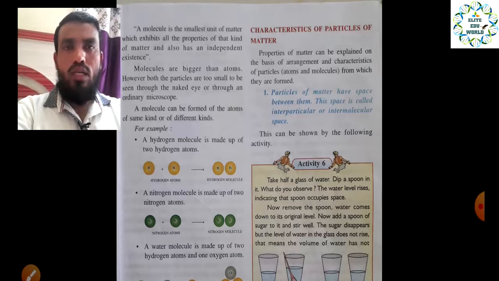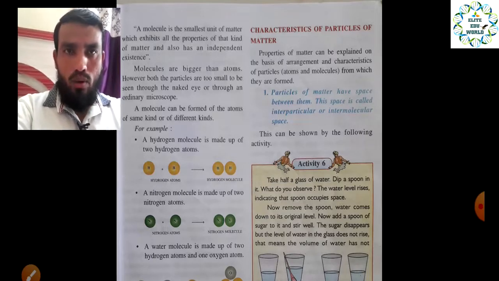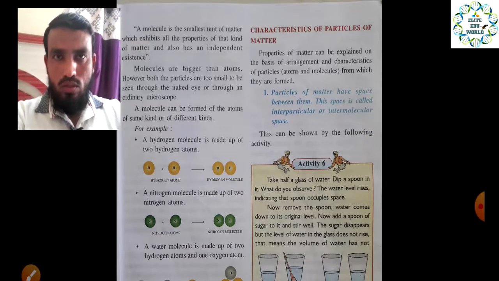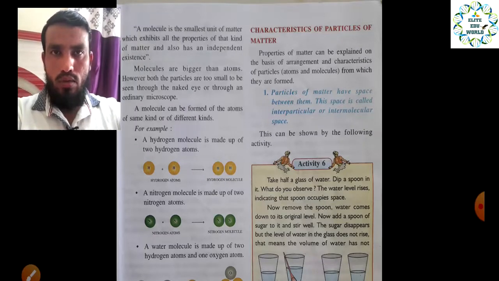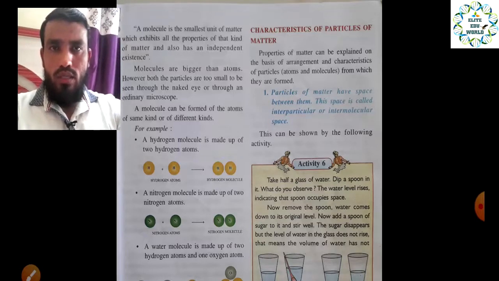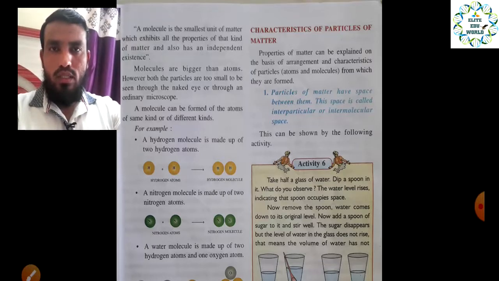A molecule is the smallest unit of matter which exhibits all the properties of that kind of matter. Now the molecule is also very small, and you cannot see molecules or atoms with your naked eyes. So again, what is the molecule? It is the smallest quantity, still possessing all the characteristics of the matter, right?